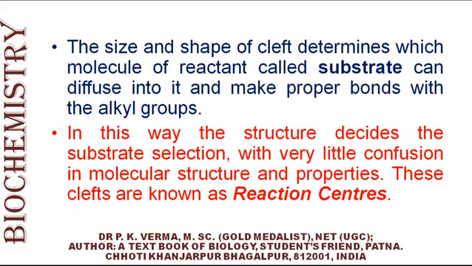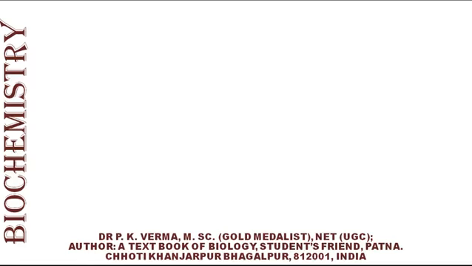So, the shape of these clefts, amino acid sequence and arrangement in this cleft determines to which substrate they will bind properly. And in this way, they select the substrate for the reaction. And therefore, these are called reaction centers.